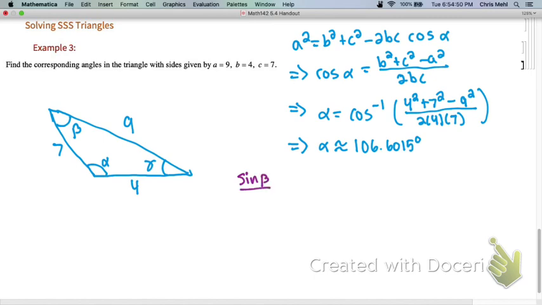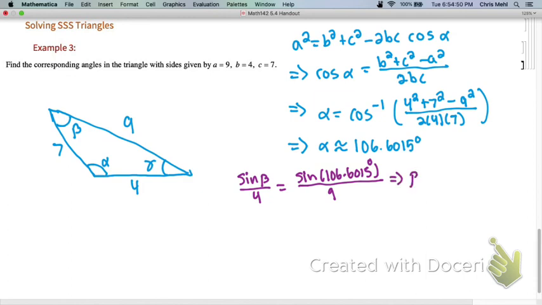So using law of sines, sine of beta divided by 4 equals sine of alpha divided by the length of its opposite side of 9. So that's the only angle that I can really use, because up until this point, that's the only angle that I know, right? So I have to do sine of alpha over 9.